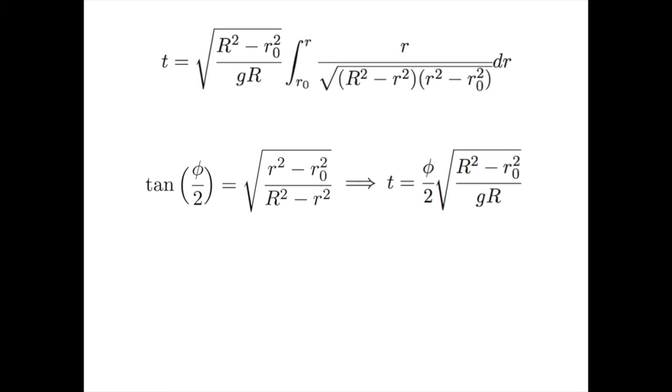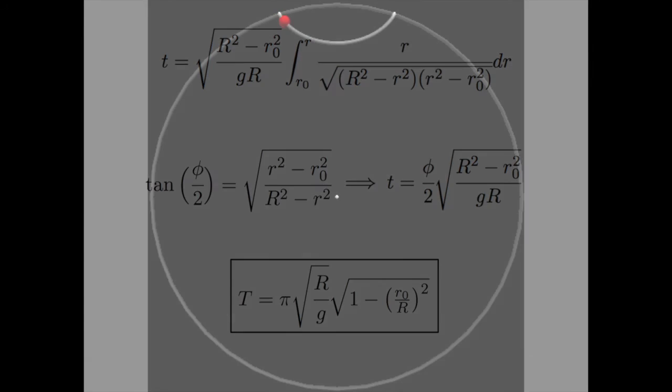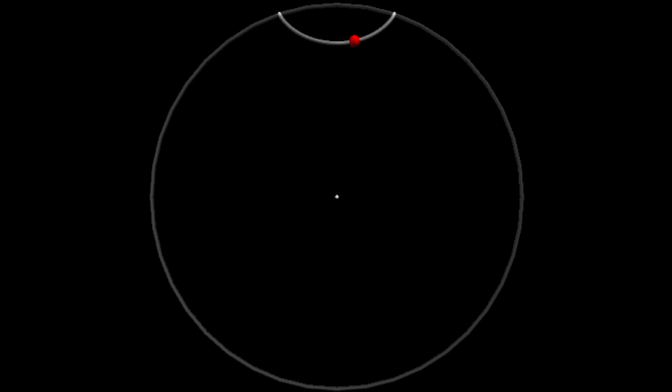We find the total time it takes the train to travel the length of the hypocycloid path by noting that phi ranges from negative pi to pi. Also note that pi times the square root of r over g is approximately 42.2 minutes, the time it takes the train to travel the length of the linear path. Here is a VPython simulation of the train moving along the hypocycloid path.